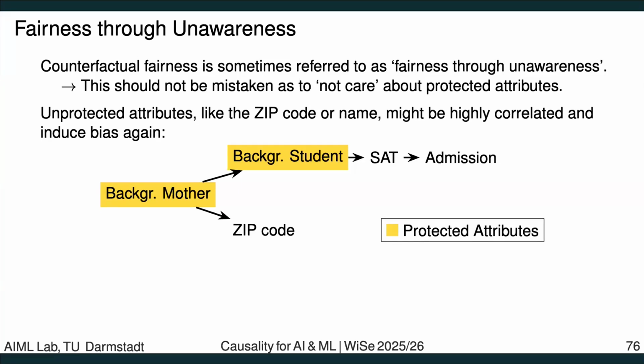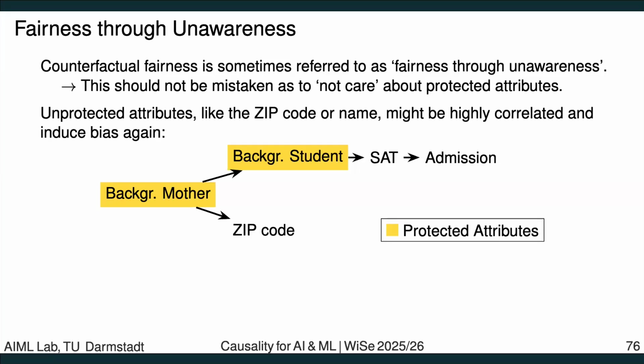We can do much more, and a lot of adjustment, if we assume we have the right causal model. Here it's clear: from a causal or graphical perspective, zip code should take no role in the decision for admission. What we see is that the SAT score, at least in this model, if we condition on it, makes the admission decision independent of everything else.